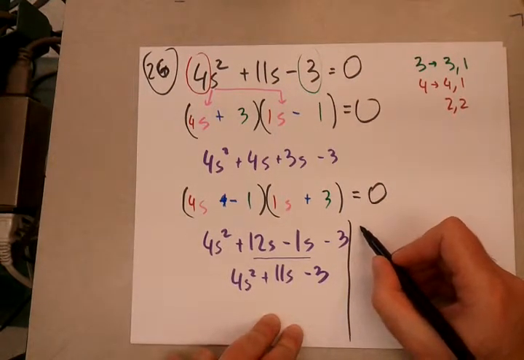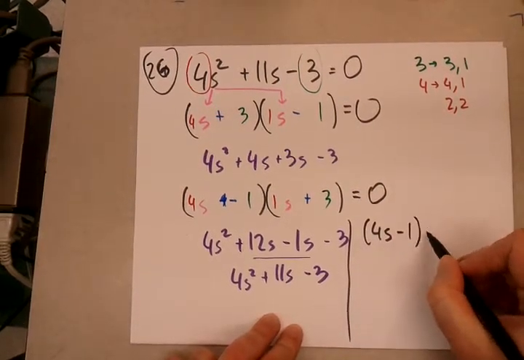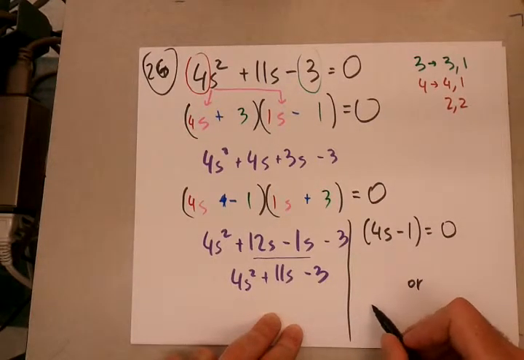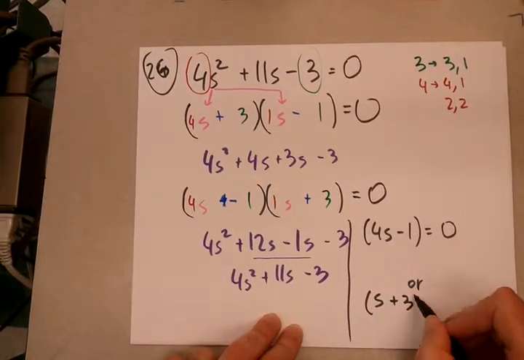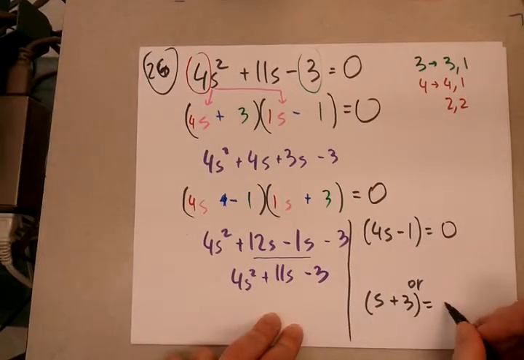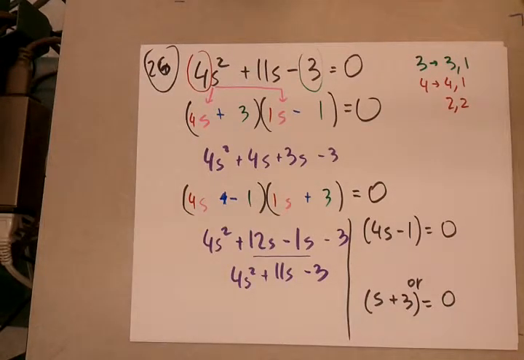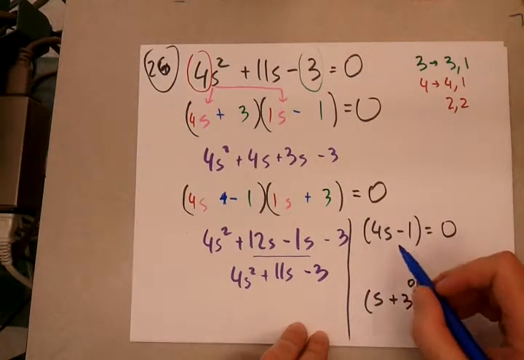So either the 4s minus 1 equals 0, or the s plus 3, because we don't need that 1 there, equals 0. So either this is a 0 or this is a 0. The zero product property plays a hand here. So I'm going to add 1 to both sides.